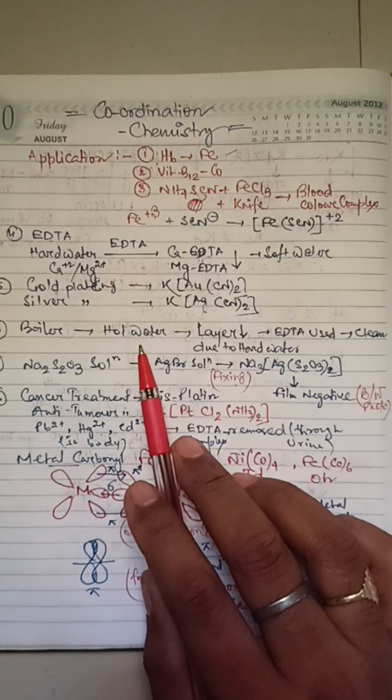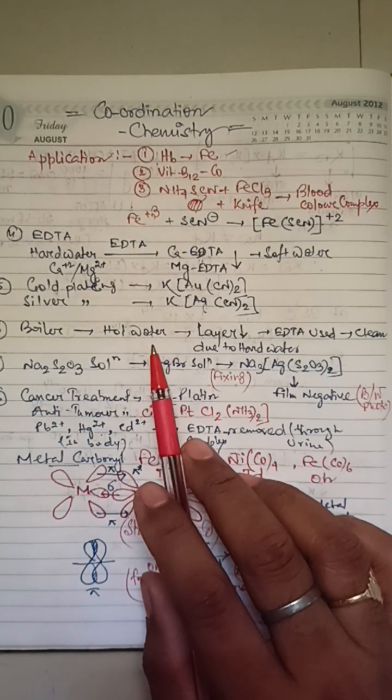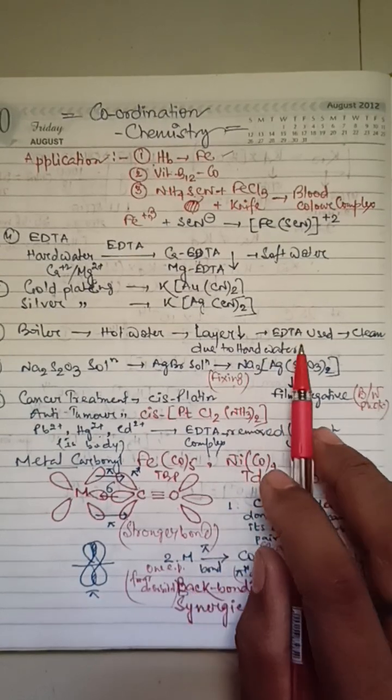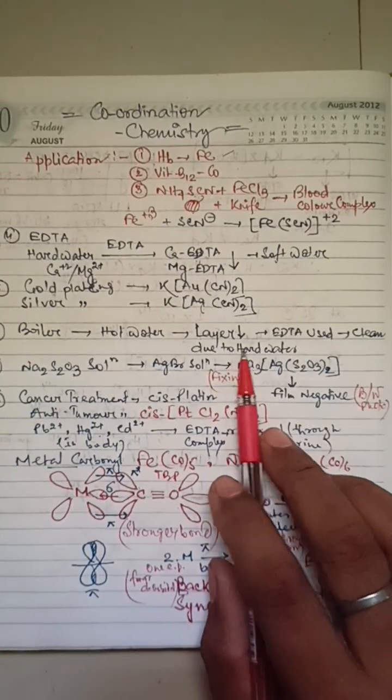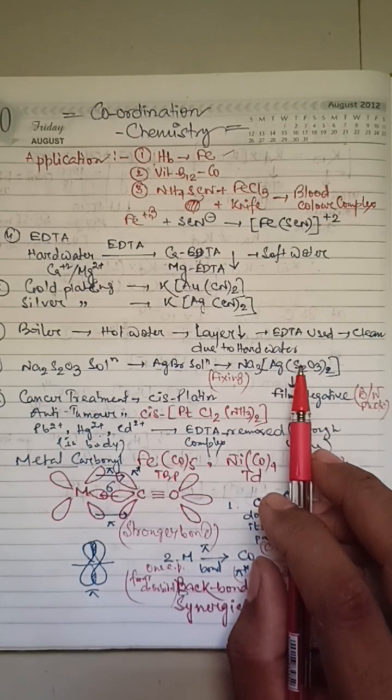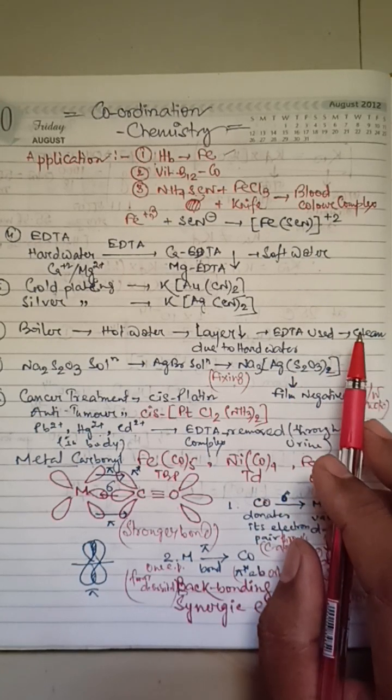Sometimes it explodes, but if we use EDTA, the layer gets absorbed by EDTA, forming a precipitate and getting removed from the utensils or boiler. Okay, and it gets cleaned.